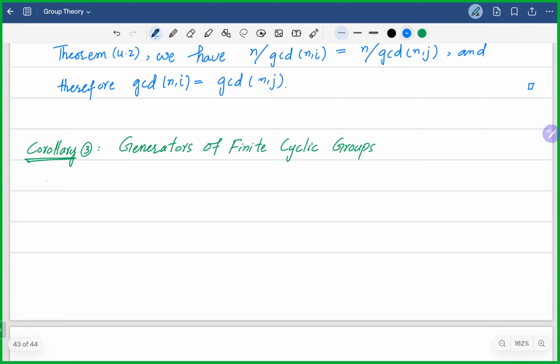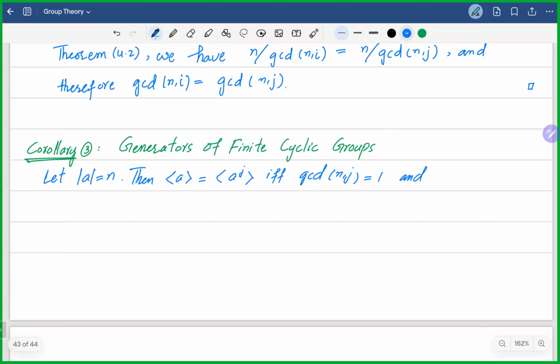The statement is: let the order of a be n. Then the set generated by a is equal to the set generated by a^i or a^j if and only if the GCD of n and j is 1.